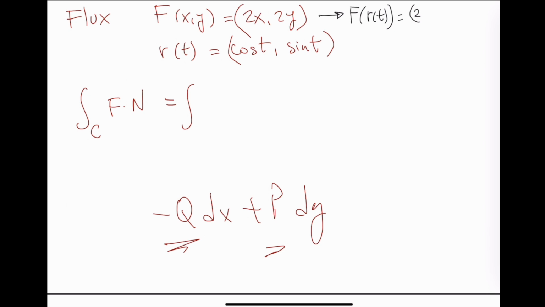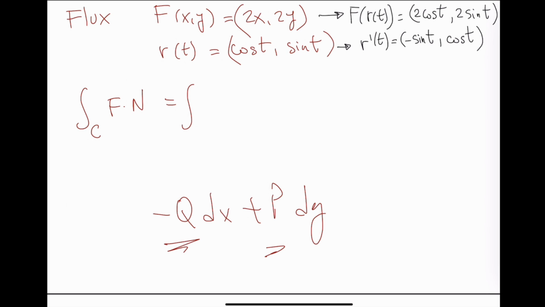So in this case will be 2 cosine t and 2 sine t. So that's the evaluation of the vector field at the curve. And the other thing that we need, as always, is the derivative of the curve. So in this case, the derivative of the curve is minus sine, and the derivative of sine will be cosine.